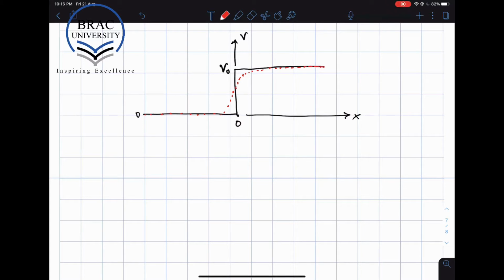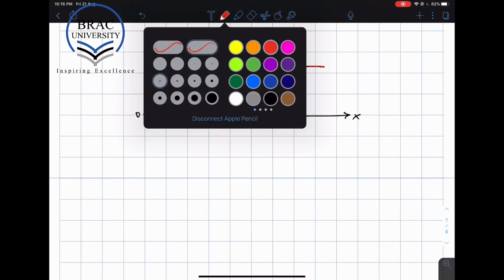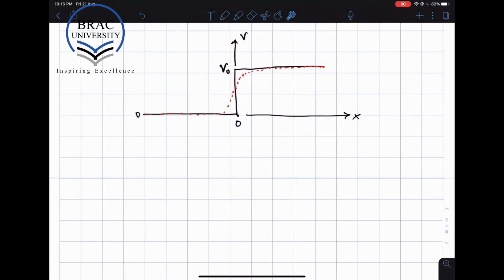But the step potential is a convenient mathematical idealization, because if you can understand the step potential qualitatively, we'll be able to understand what's happening for realistic potentials.